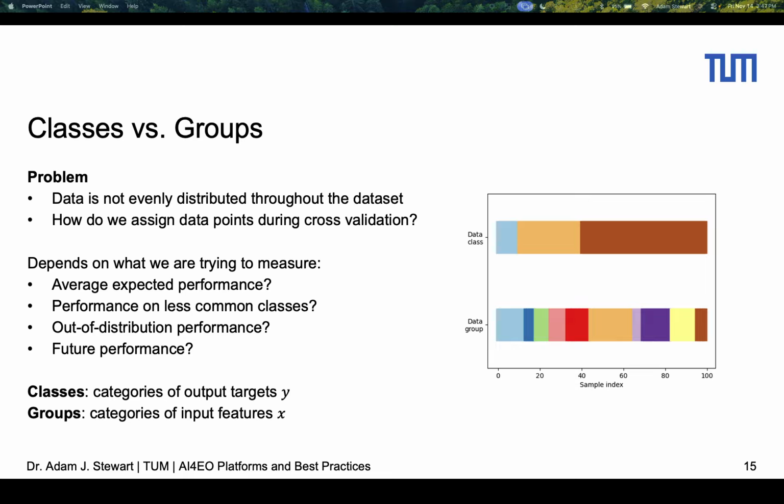You can also think about categories of your input data, of your features. And this is more where the geographic or time distribution matters. So if I'm studying forests, the forests in Europe versus the forests in South America versus the forests in Australia, these are all very different.